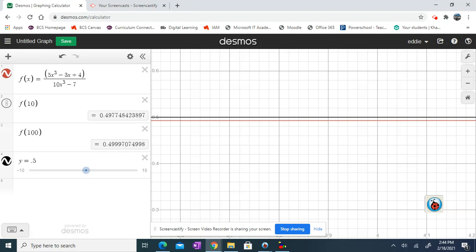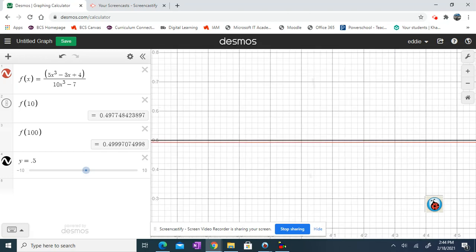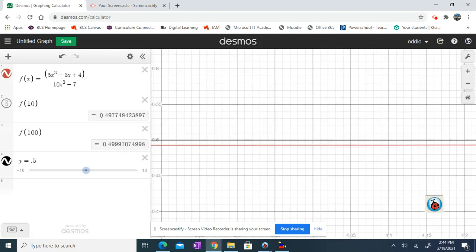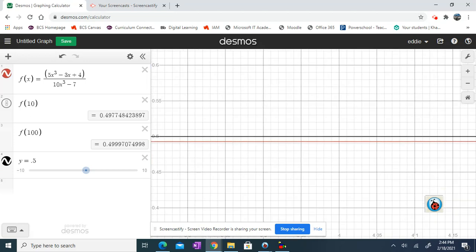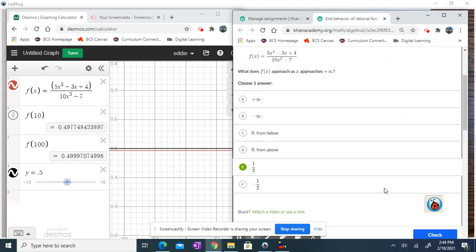Let me zoom in this way. Well, this is the best I can do. These values work a little better than trying to manipulate the screen on the graph, which I'm not very good at. You can see that it is getting closer and closer to positive 0.5, which is what I chose here. So I'm pretty confident that my answer here is correct.